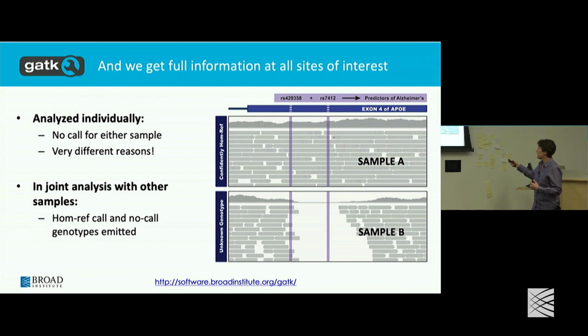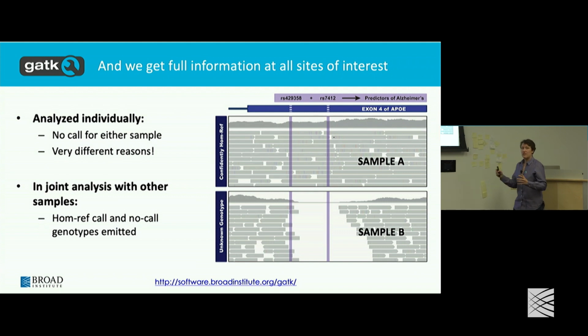And so basically, if you have variants in those loci, you are at higher risk of developing early onset Alzheimer's, if I recall correctly. And now, if we analyze either of these people's sequence individually, we're not going to make a variant call in either case. So in the final VCF, there's not going to be a record for that site. But it's for very different reasons.